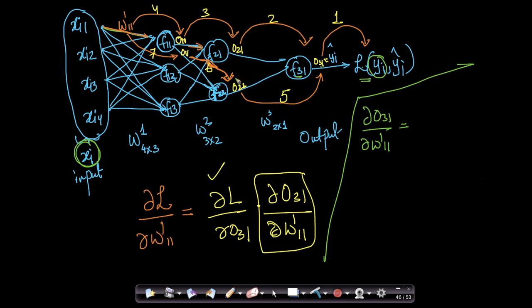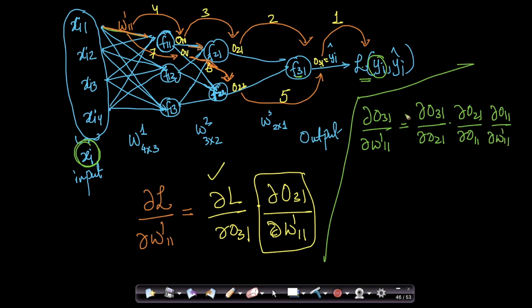It also has 5, 6, 7 path. So let's write down first 2, 3, 4 path. It is derivative of O31 with respect to O21, derivative of O21 with respect to O11, right? And derivative of O11 with respect to this.